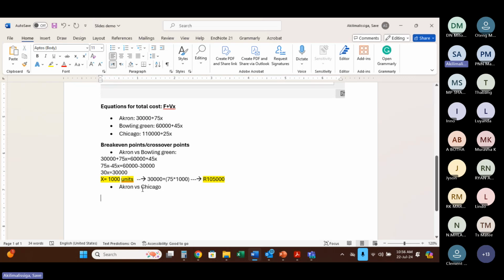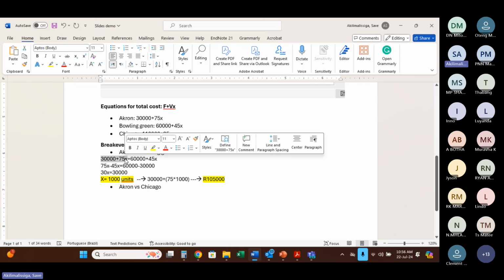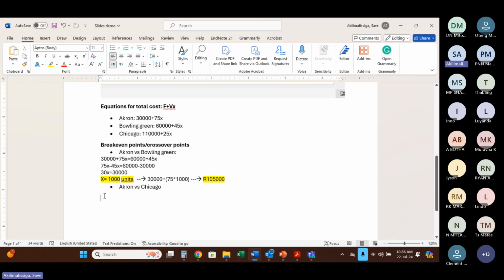So here, Akron equation is 30,000 plus 75x is equal to Chicago. Just pick the Chicago's equation, and this is the one. So you just need to solve for x.